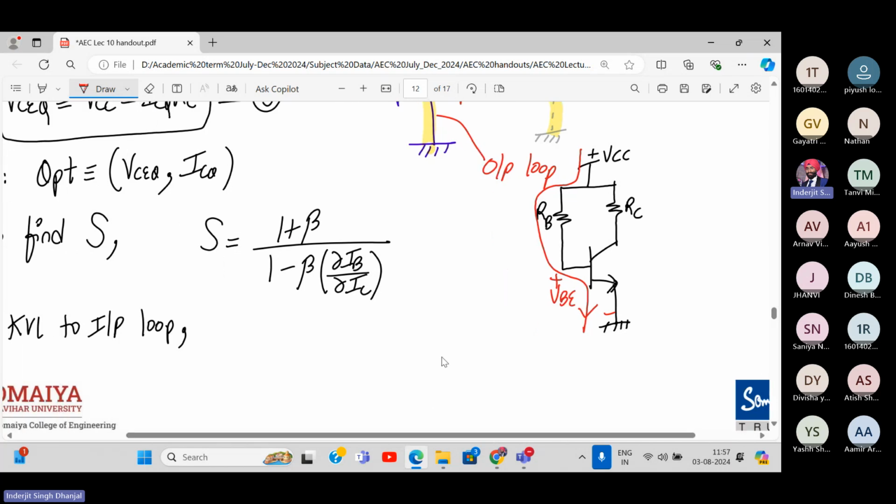So what was the expression? VCC minus IB RB minus VB is equal to 0.